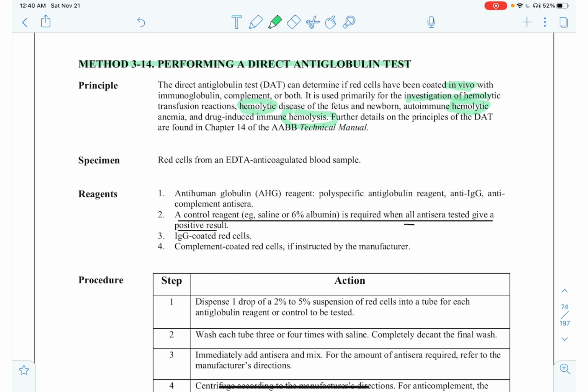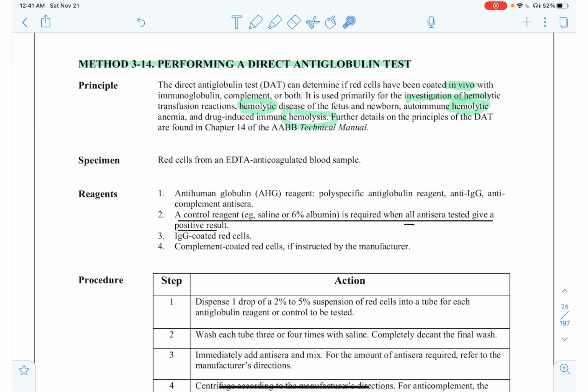So it can create some confusion sometimes because there's so many different pathways that the DAT can lead us to, but it's a very important test that we perform in the reference lab on essentially every single patient. The DAT is not typically performed on all patients in a hospital blood bank, but it is for patients in a reference lab because we're investigating possible antibodies of clinical significance.